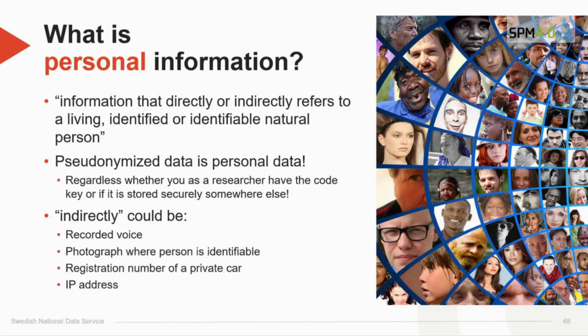There might instead just be a 1, 2, 3, 4, 5, a number given by the researcher, and then somewhere else there's what's called a key code, which has the 1, 2, 3, 4, 5, and then the names and identifiers of the people. But the point is that it doesn't matter whether you have the identities of the people or not, it's still personal data.